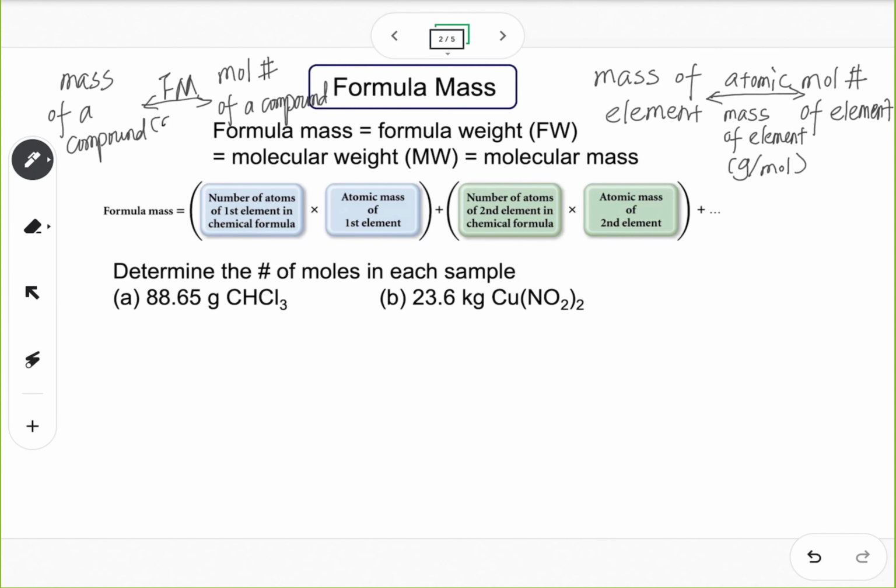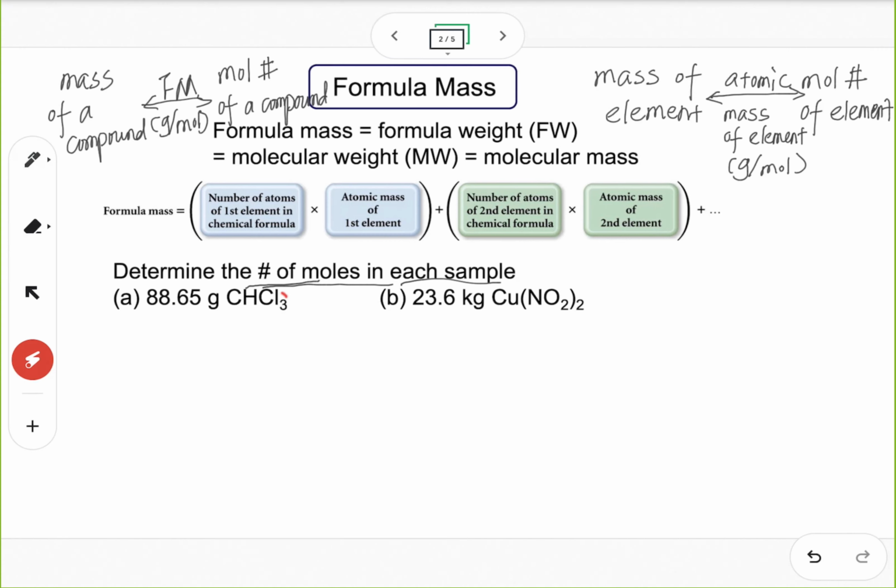Again, this is gram per mole. In other words, formula mass is the unit conversion factor for us to identify either the mass of a compound or the mole number of a compound if you know the other one. Let's use the following two questions as examples to demonstrate what I'm trying to say. Determine the mole number of the molecules for each sample. This is what we need to do.